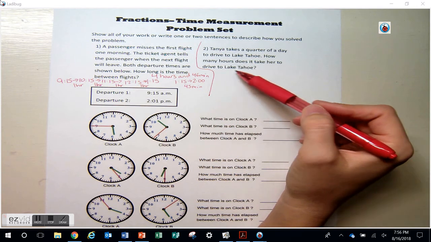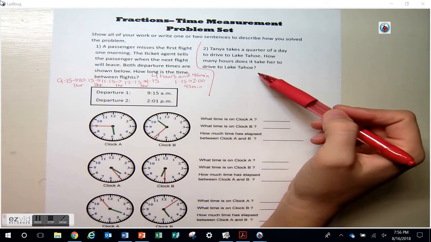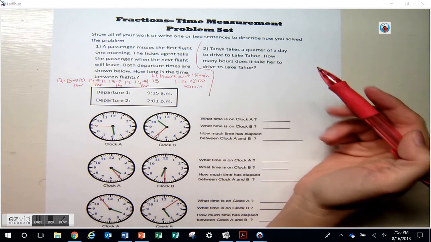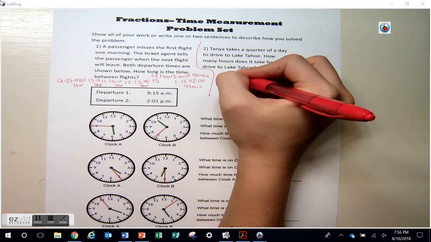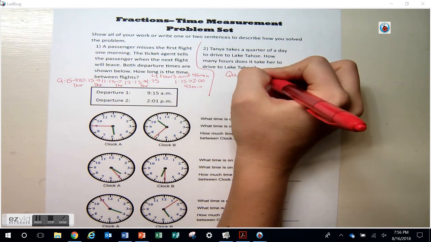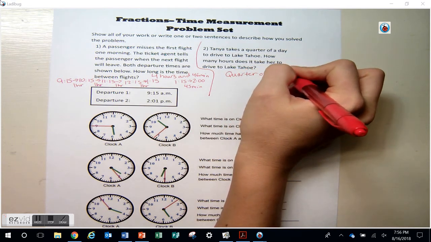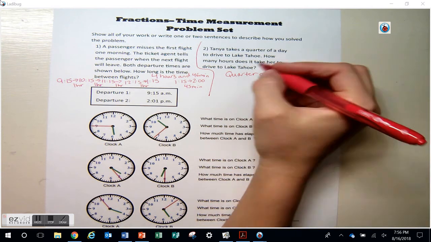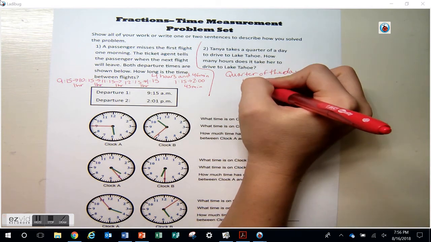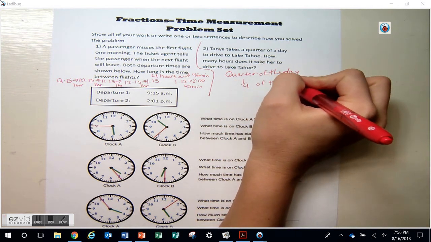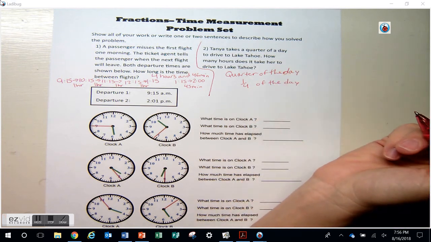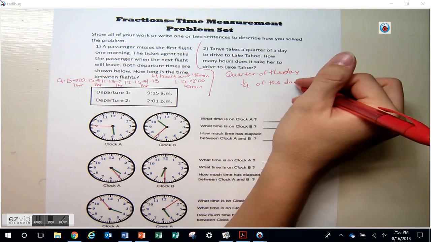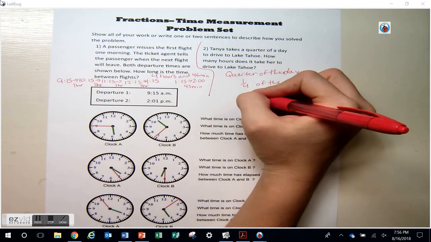Tanya takes a quarter of a day to drive to Lake Tahoe. How many hours does it take her to drive to Lake Tahoe? A quarter of the day. Well, a quarter is a fourth of the day. Hopefully we know how long is a day?